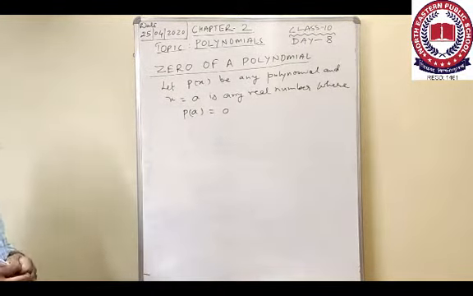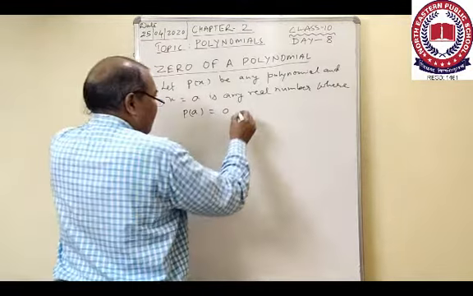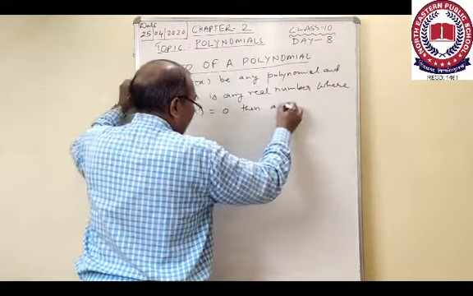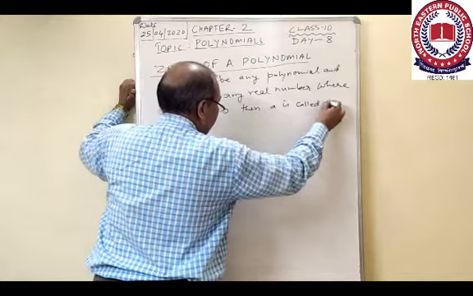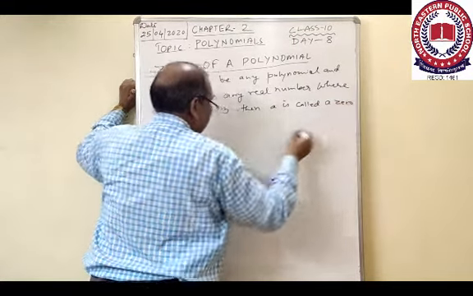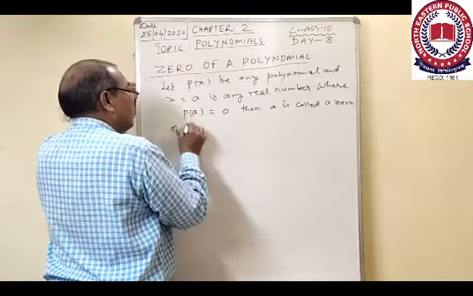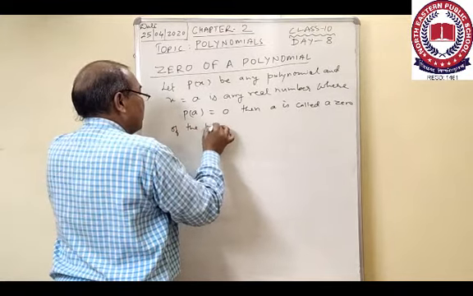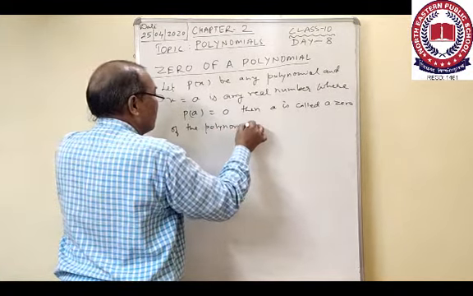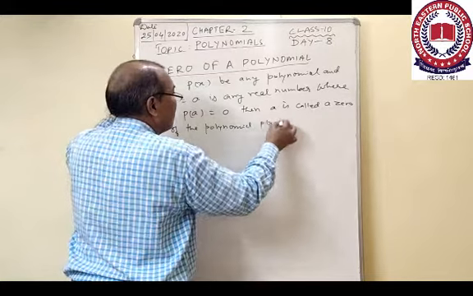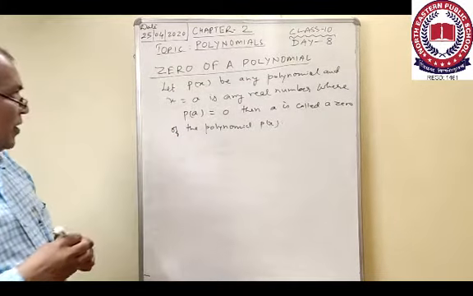Then a is called a zero of the polynomial P of x.